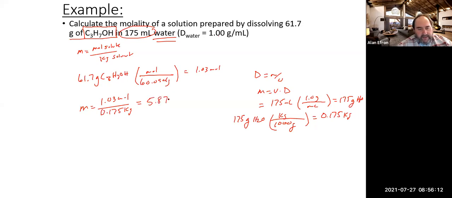And again, much like molarity, the units don't cancel, so it is moles per kilogram. Or you could write it just like molarity, but with a small m at the end of it to indicate molality. Any questions on molality?